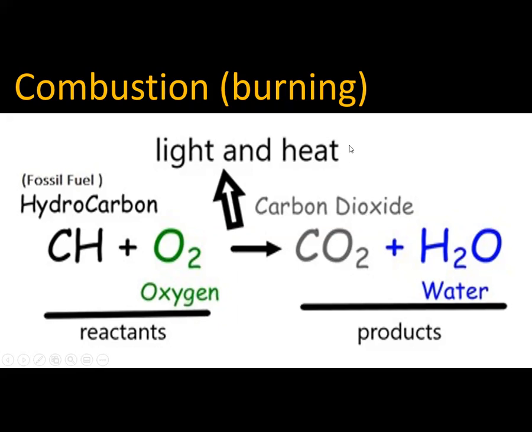Carbon dioxide is the most common greenhouse gas. It is one of the reasons why we have been so worried about global warming. And that is why we have to lessen our consumption of fossil fuel, not only because they are non-renewable, but also because they produce a lot of greenhouse gases.